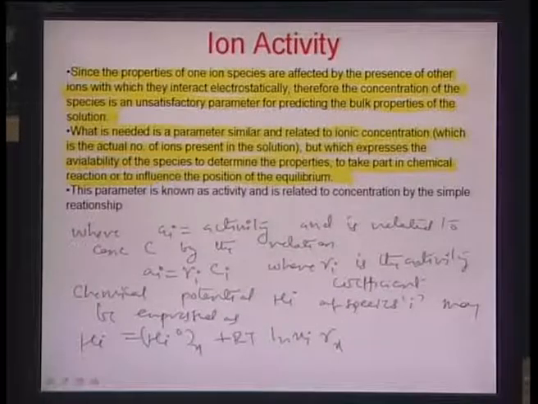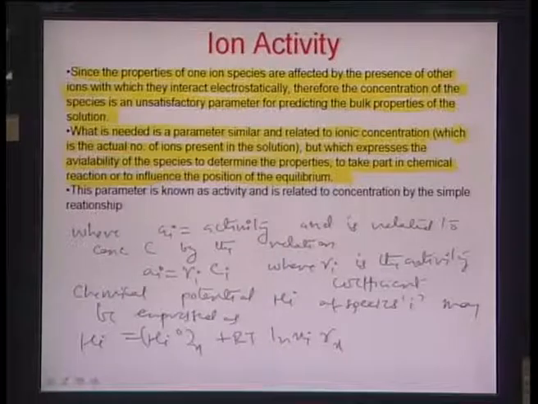When there are competing species, the equilibrium is not the case of a single concentration of the species which is available. There are in fact multiple concentrations, and therefore, it is natural to assume that what plays an important role is the reduced, effective concentration of the ions which are participating in the reaction.